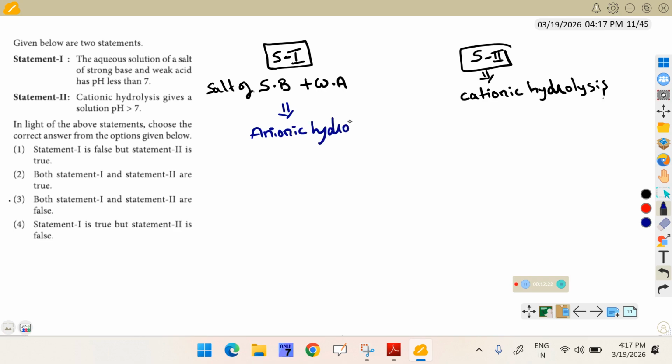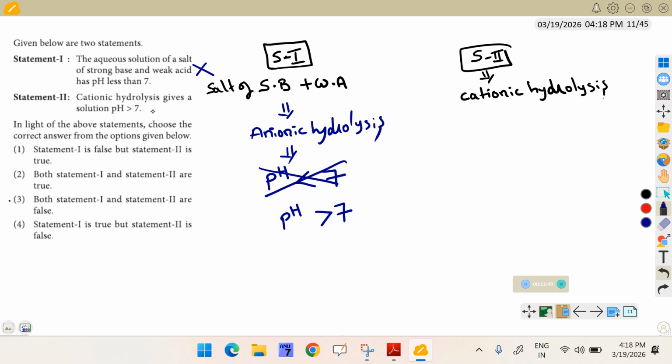Base is strong, so the pH value is less than 7. Less than 7 is given. Wrong. The pH value is not less than 7. For bases, the value of pH is greater than 7. So statement 1 is wrong.